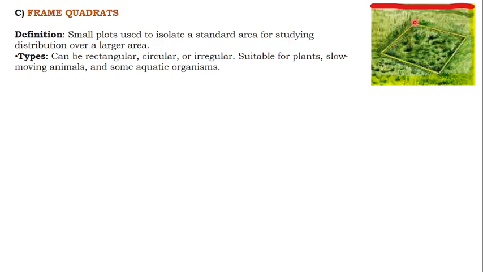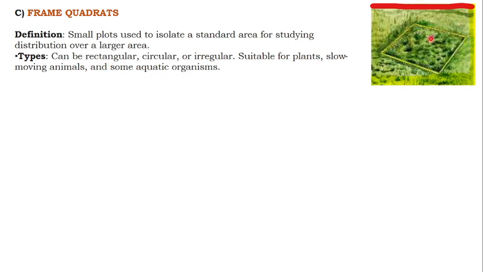You will take this quadrat you are seeing here, the frame quadrat, put it here, then examine how many organisms fall inside. It can be rectangular, circular, or irregular, suitable for plants or slow-moving organisms. The importance of this is that it is used for organisms which cannot move, those with slow movement, and some aquatic animals.